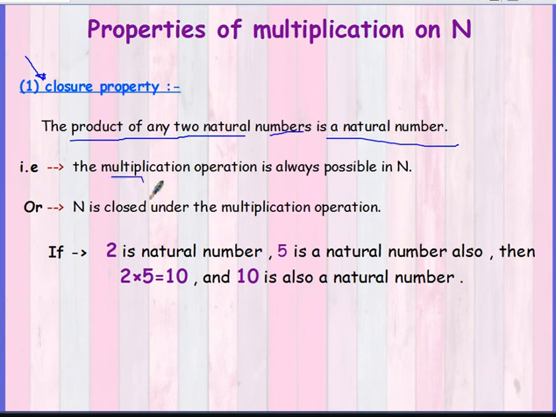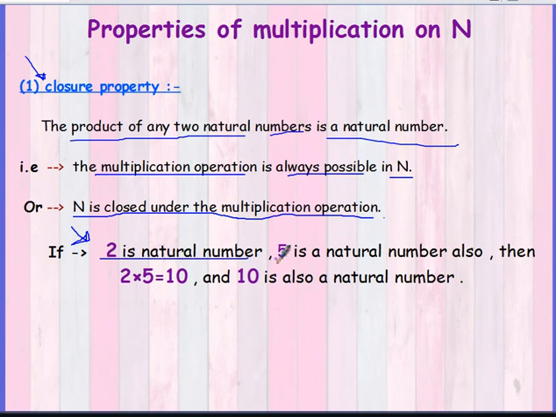That means the multiplication operation is always possible in N, and N is closed under the multiplication operation always. That means if 2 is a natural number and 5 is a natural number also, then if I multiply 2 times 5 equals 10, 10 is also a natural number.